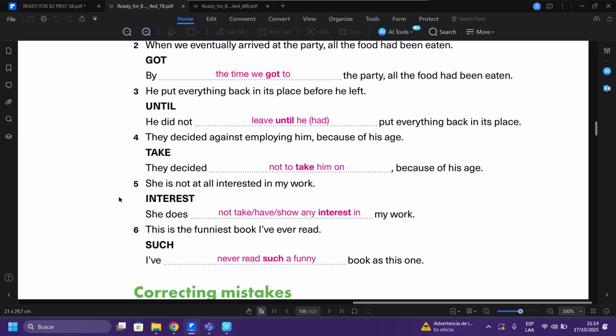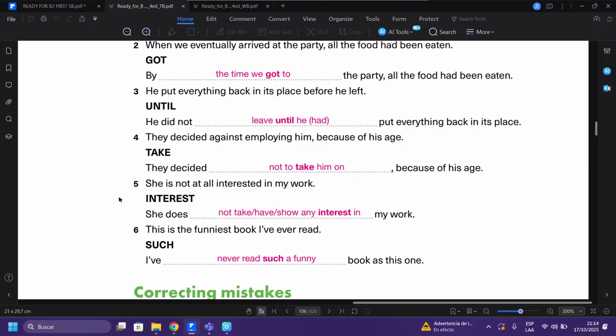Number four, they decided not to take him on. Number five, it could be any of these: she doesn't take, she doesn't have, or she doesn't show any interest in my work. And the last one is I have never read such a funny book as this one.